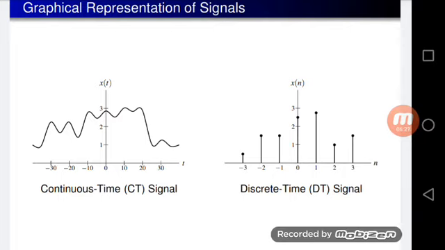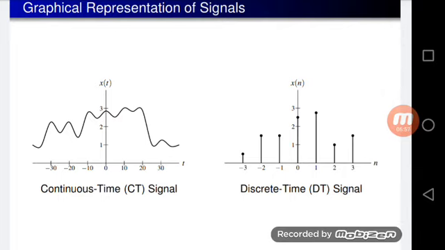But in a discrete time signal, the continuous time signal is split or divided into equal intervals. We see 1, 2, 3, 4, minus 1, 2, 3, 4.